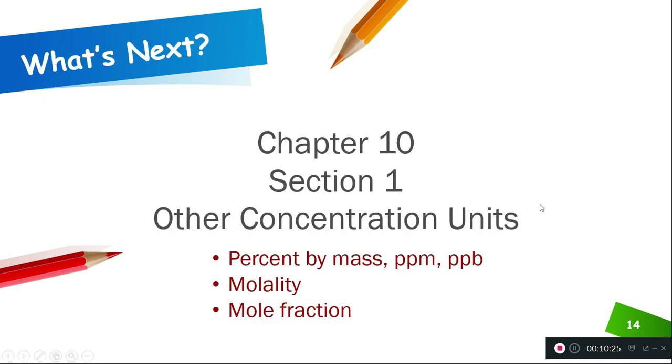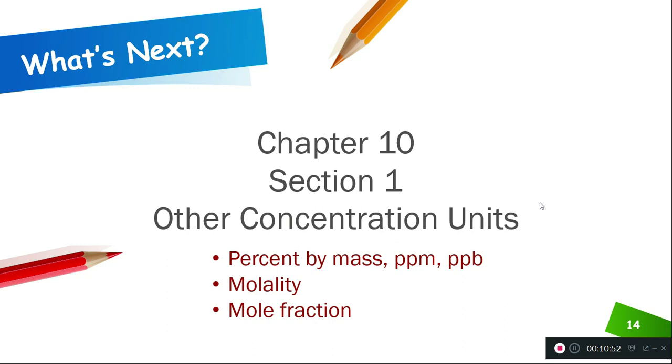Next time I make one of these videos, we're going to talk about chapter 10, the one last section that's part of the third unit, aqueous stoichiometry. It's going to be about different concentration units other than molarity. We're going to look at percent by mass, ppm and ppb, which all go together because they're all units per mass. Then we're going to look at molality.